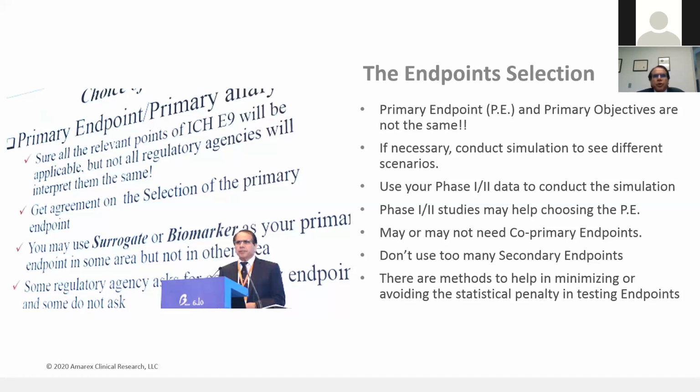With respect to co-primary endpoints, this is different than having two primary endpoints. Co-primary endpoints, that means both of them have to be statistically significant. But two endpoints, it's different. You may be able to be statistically significant with one of them, but not with the second one.